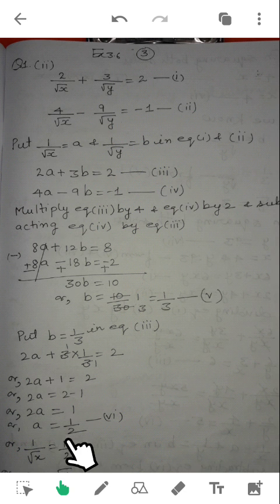We all know that a is equal to 1 by root x. So in place of a, I have written 1 by root x, which is equal to 1 by 2.